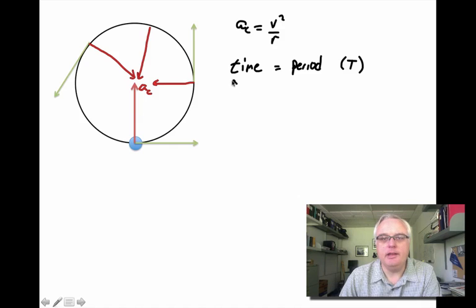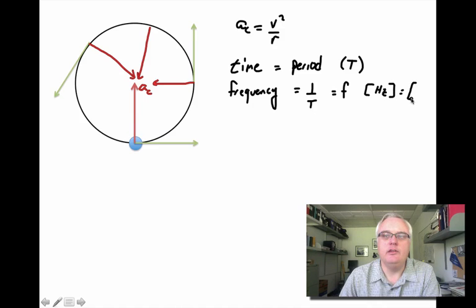The period is also related to something else called the frequency, and that's 1 over the period, which equals frequency, lowercase f. And frequency is measured in units called hertz, where 1 hertz is 1 cycle or 1 circle per second.